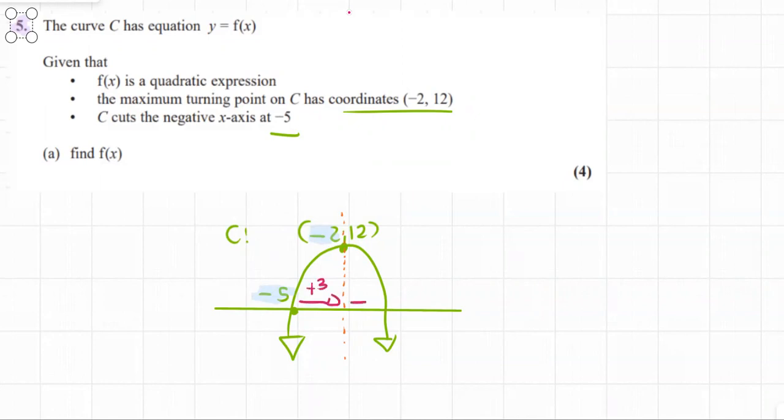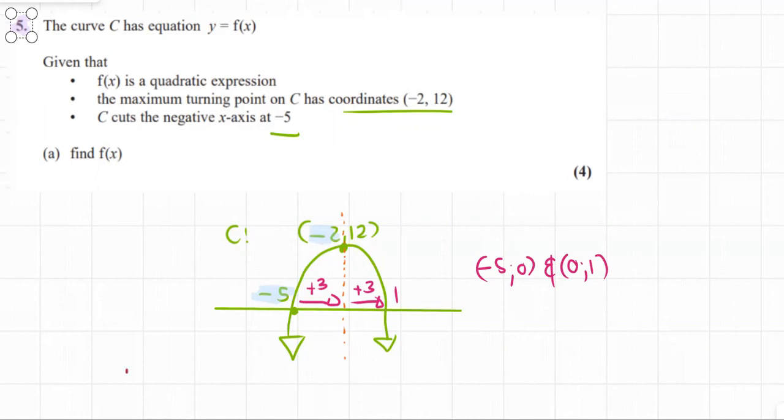Because of this line of symmetry, another +3 will get us to our other x-intercept. So -2 + 3 is 1. Using the properties of symmetry, we have two x-intercepts: (-5, 0) and (1, 0).